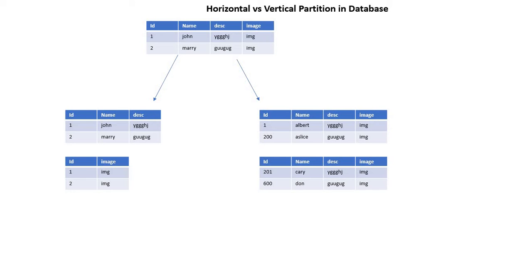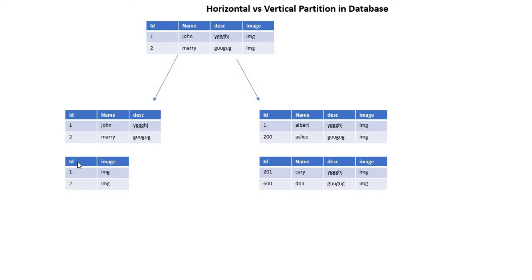We split the table into multiple tables in such a way that the most frequently used critical columns are part of one table, and less frequently used columns are part of another table, and those two are connected using an identity, a referential key.